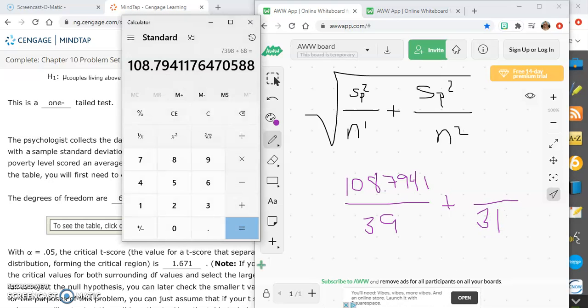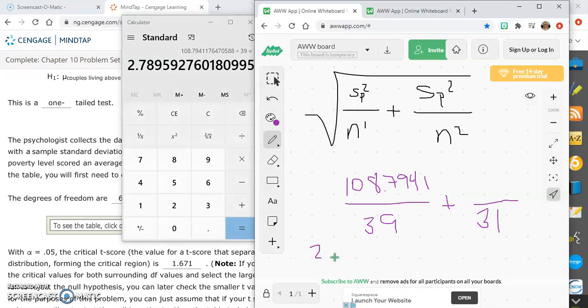Okay, so let's do some calculations. First of all, I'm going to copy this number so I don't have to type it in each time. And I'm going to divide by 39, and I get 2.7896. Okay.